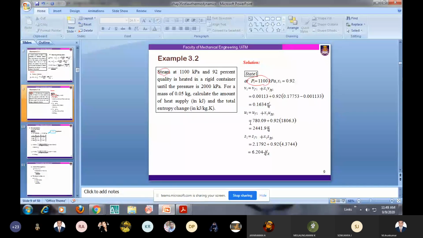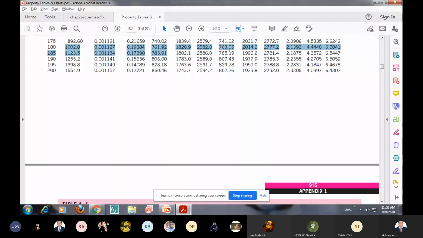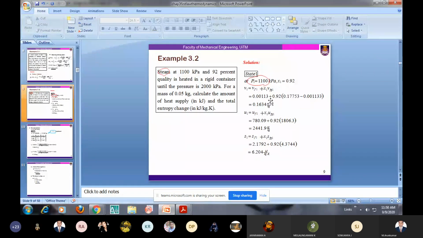If you interpolate, you can get the exact values of this UF and UFG, approximately 780.1806. In the table it is 780.10. If you interpolate, you can get the exact value: the UF value will be 780.09 and the UFG value will be 1806.3.